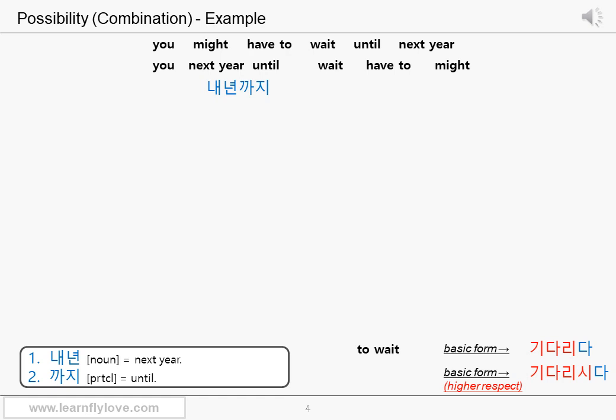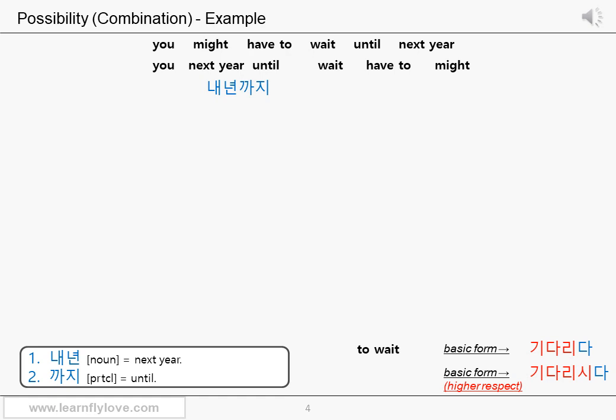Wait, have to, might. This is the important part, but this is exactly the same as the combination of ability and possibility. So there is nothing new, nothing difficult. You just need to put the stem of the main verb wait first, and then the stem of the assistant verb which indicates necessity, and then put another assistant verb which expresses possibility. Let's use 을 것 같아요 first.